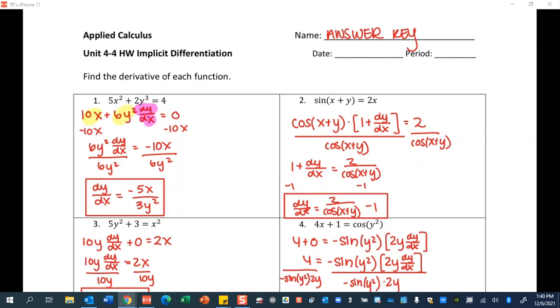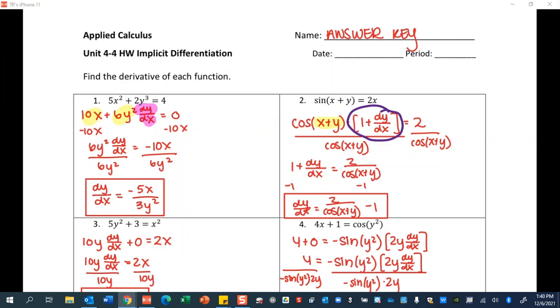Okay, let's look at sine of x plus y. Here we have the derivative of sine is cosine, and then I get cosine of x plus y, and then there's a derivative. What is this here?